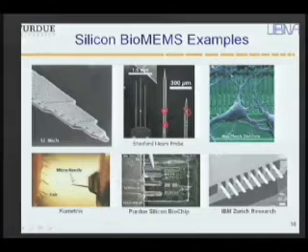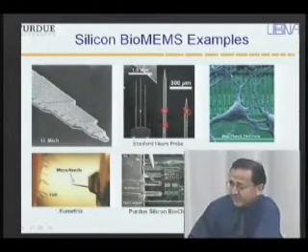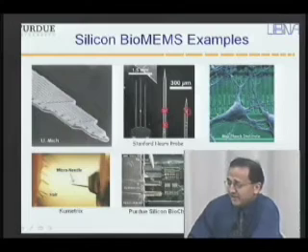This is an example of a microfluidic device that can take in a sample of fluid and rapidly concentrate the bacteria that's present in that sample, and then also detect the presence of live bacteria very rapidly.